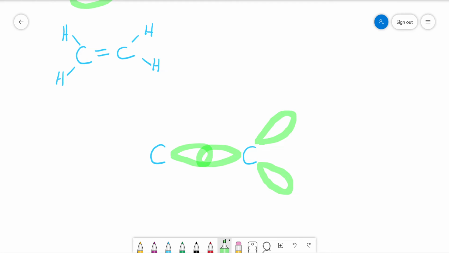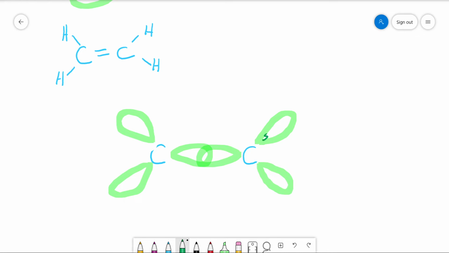The ones to the left and the right of the carbons are really coming out and going into your screen. So the ones poking down are kind of coming out, and the ones poking back are kind of going into the screen. And I don't like the way I drew that one. At least I can erase. I cannot erase on paper. Anyway, so there we have the sp2 orbitals.